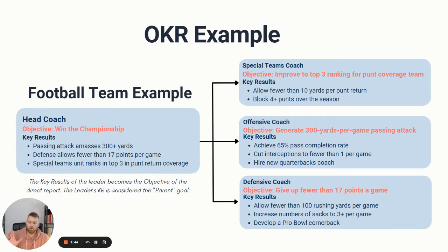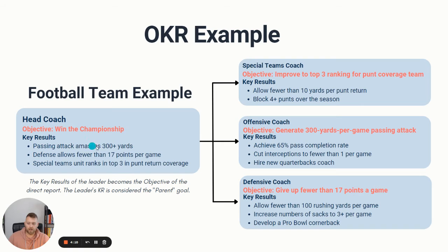So what we're looking at here is passing attack amasses 300 plus yards. So if we go directly over and follow this arrow, we get to the offensive coach. We can see how his or her objective has turned into generate 300 yards per game passing attack.